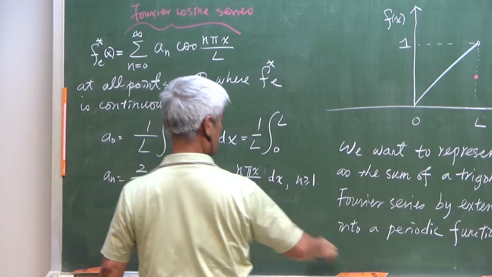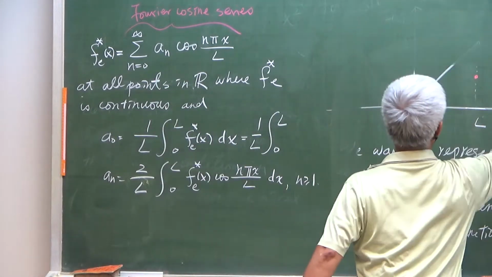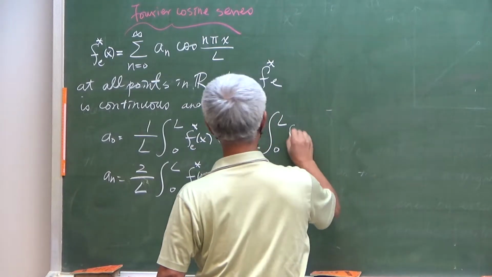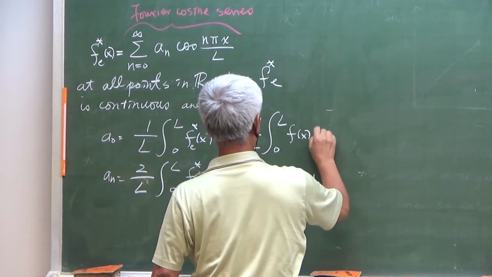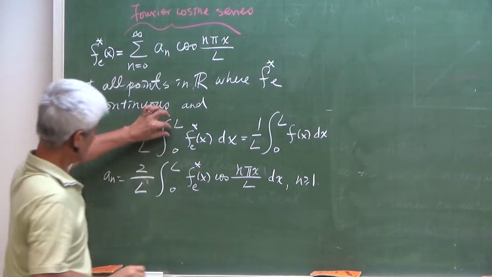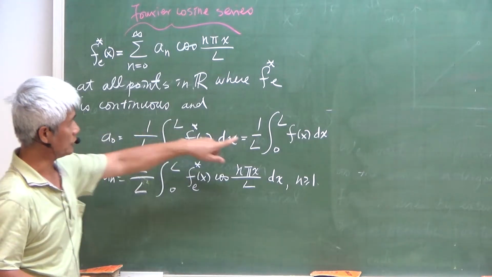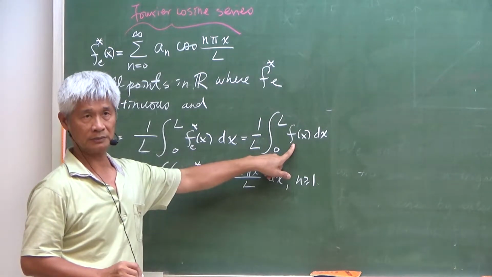I think I have to write carefully. This is equal to, because in this half period, this periodic function is equal to the original function.